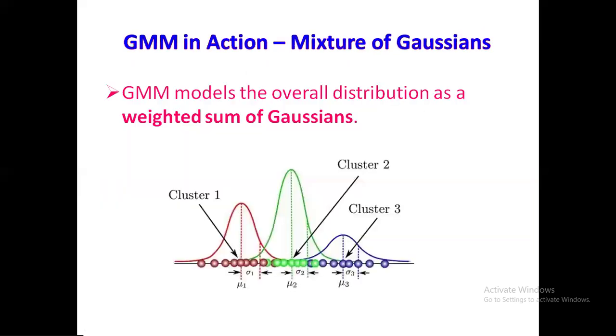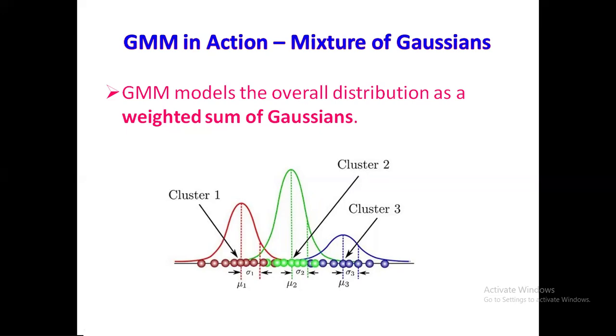And GMM in action, that is mixture of Gaussians. The GMM models use multiple Gaussian distributions to collectively model a data set that might not be well represented by a single distribution. Each component Gaussian captures the data distribution of a specific subcluster, and their weighted combination forms a more flexible model.